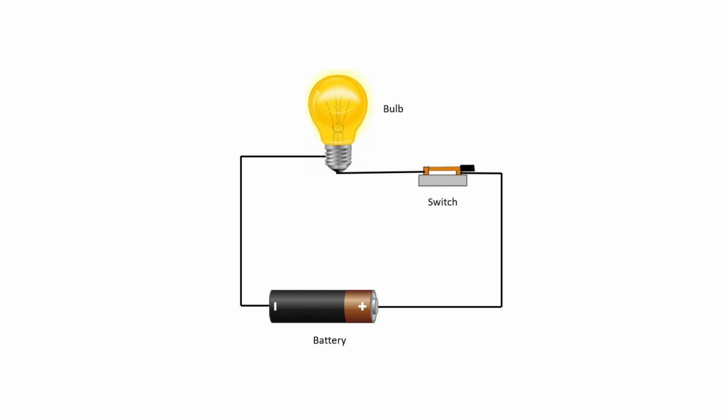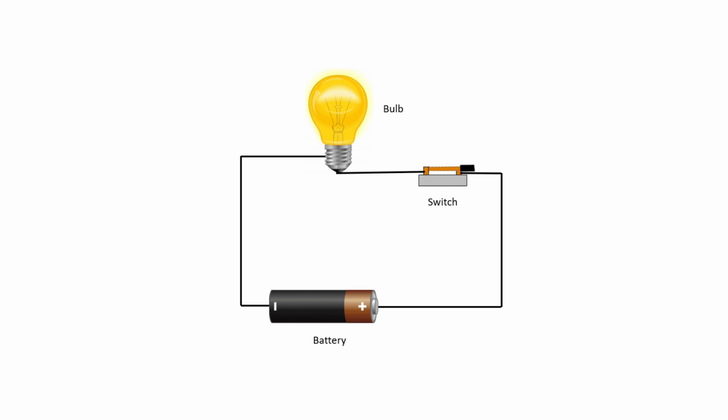Other than that, we also looked at a simple circuit. We saw that a battery is able to produce this electricity. Usually a battery works by converting chemical energy to producing electrons.